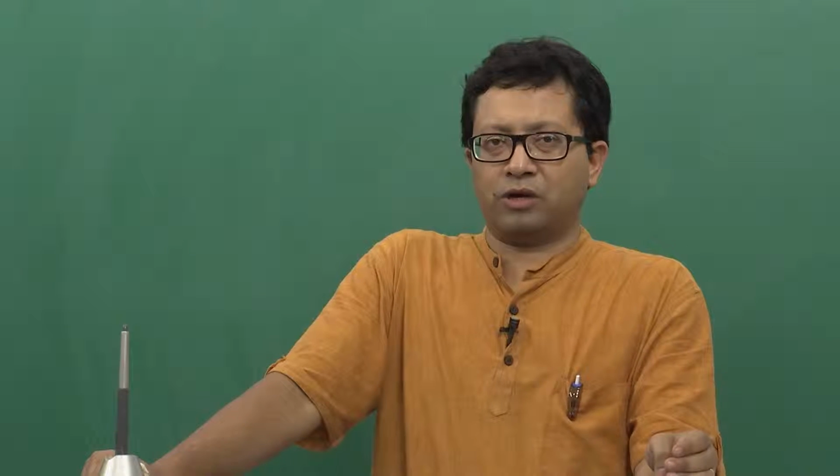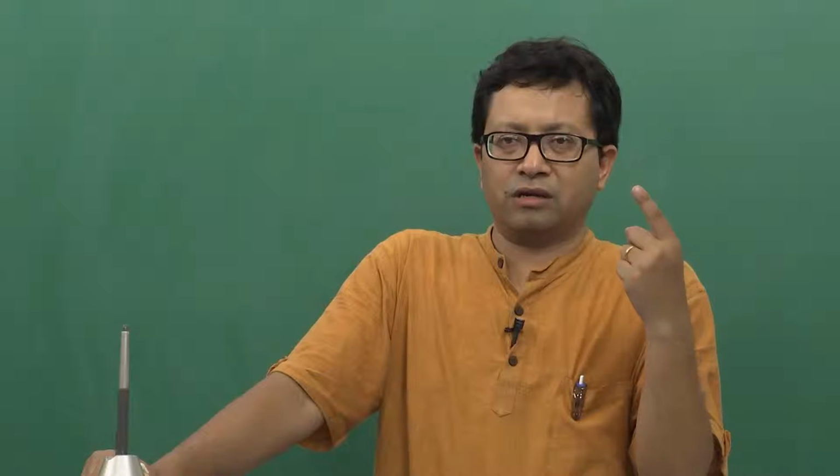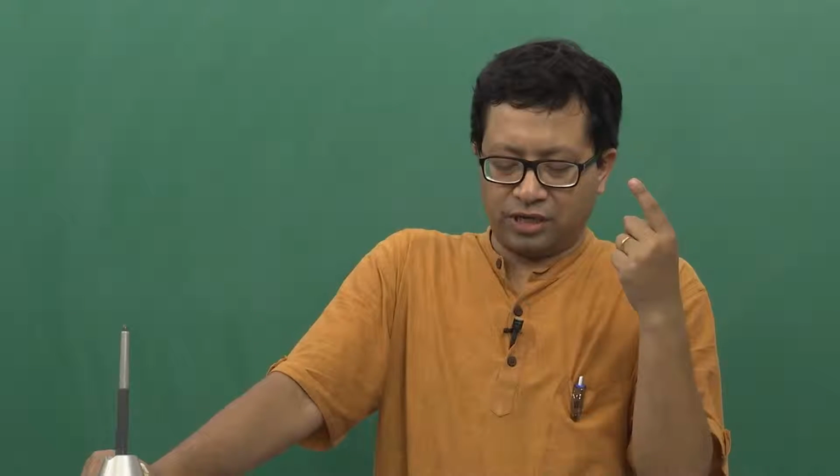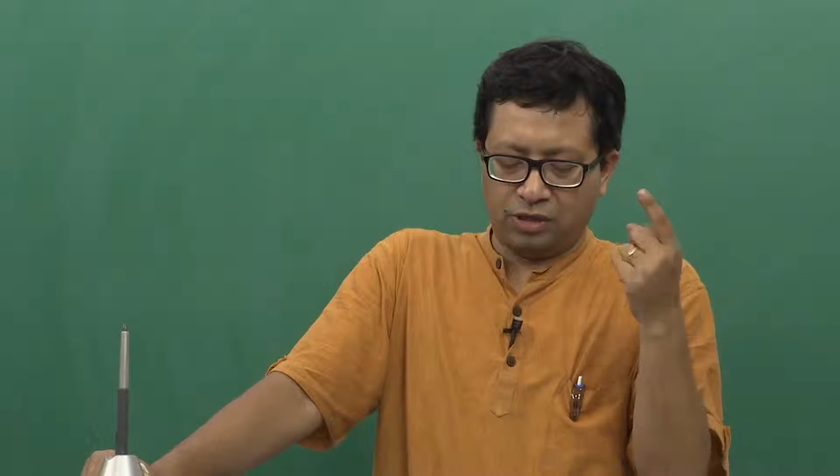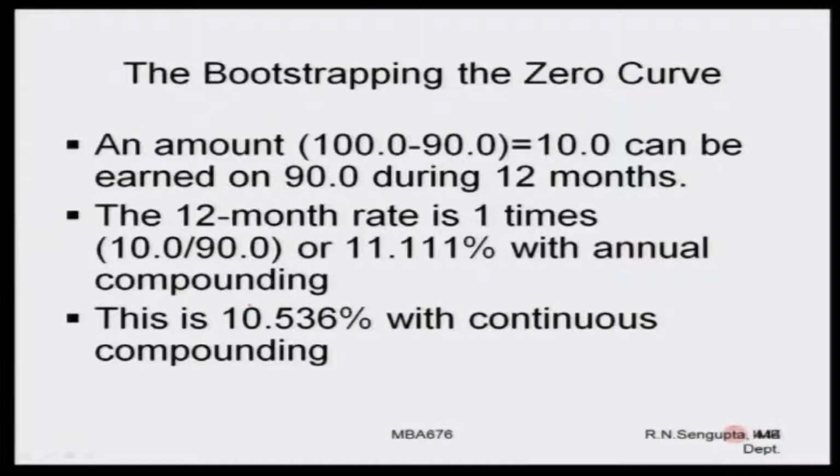So compounding is done once in 1 year, and the percentage comes out to be 11.11 with annual compounding, per annum. You are applying the same fundamental principle as in the other calculations: the total amount you get, the investment, and the number of times compounding is done, which is 1, so you multiply by 1.